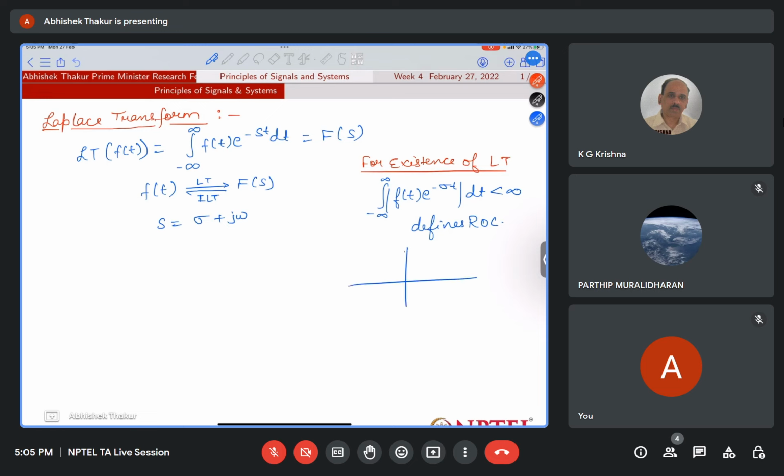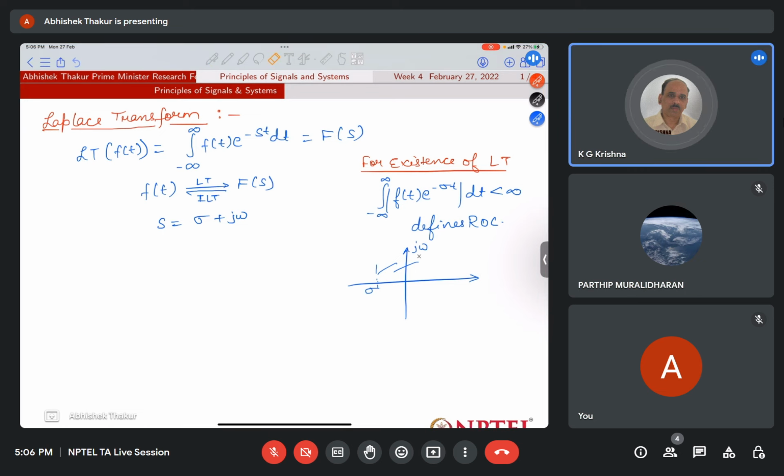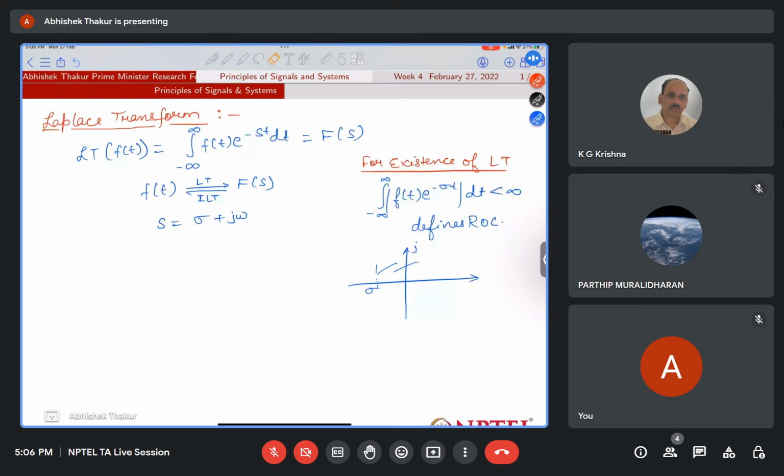On the x-axis it is sigma, and this is j omega, the imaginary axis. So the region of convergence depends on the value of sigma only. And if j omega comes in the region of convergence, this means that the signal is stable. So the imaginary axis is for stability and the real axis is for region of convergence.